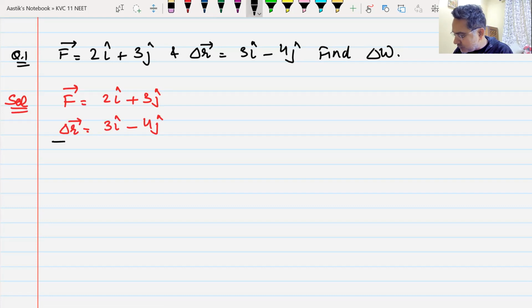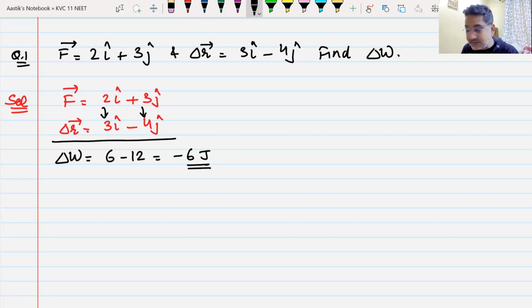You have to take the dot product. How will you take the dot product? Multiply this by this, multiply this by this. So 2 into 3 is 6. 3 into minus 4 is minus 12. So the answer is minus 6 joules. That is your answer, and that is how you have to do it.